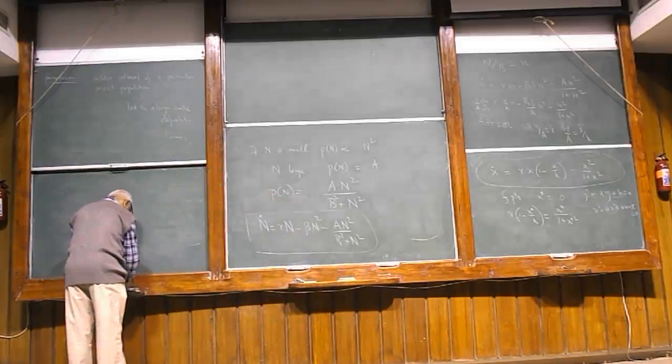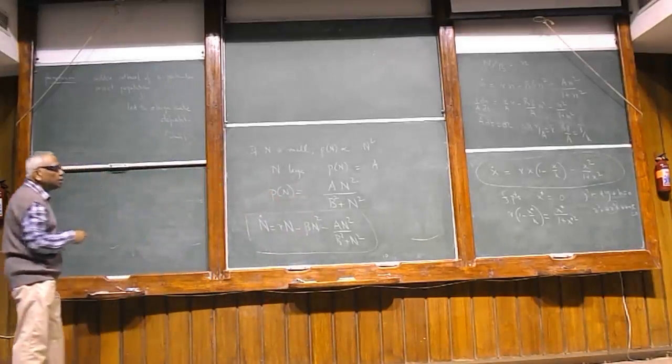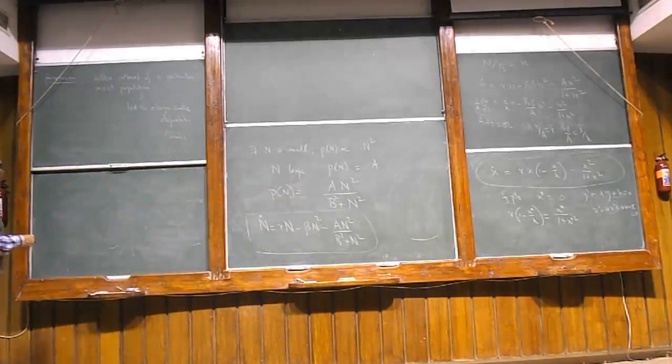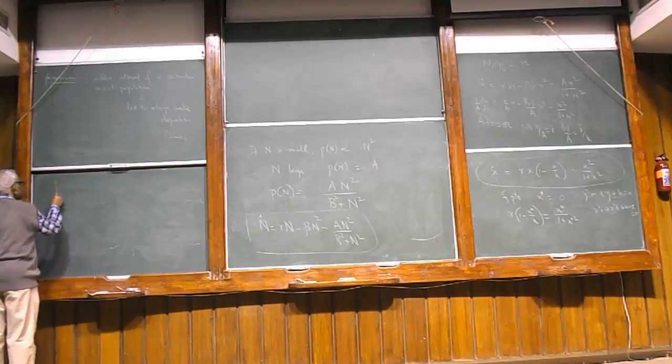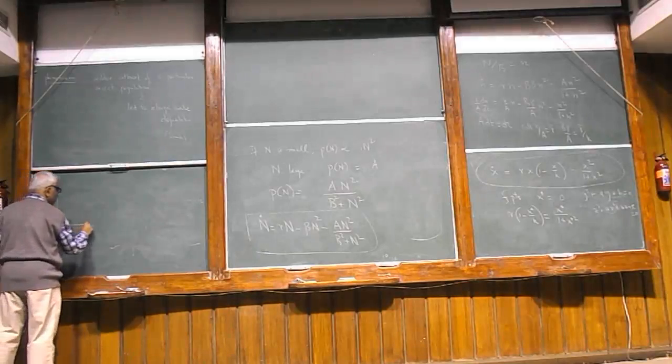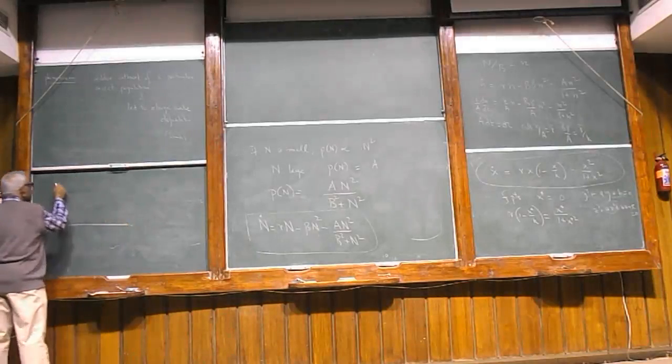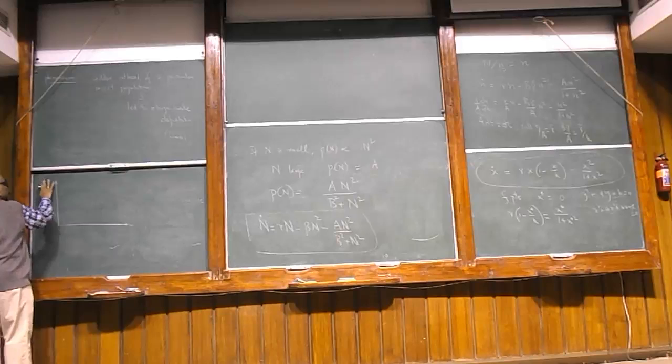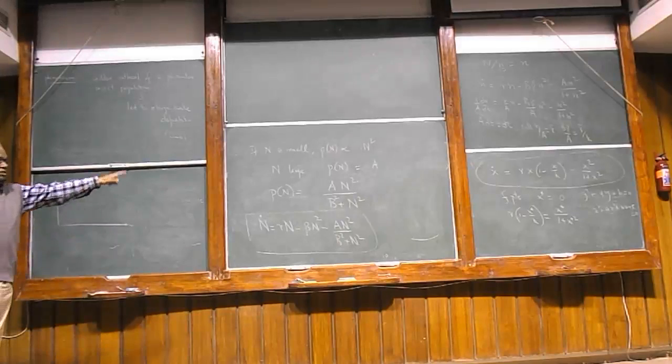So you solve it graphically. So this is x star over 1 plus x star squared.